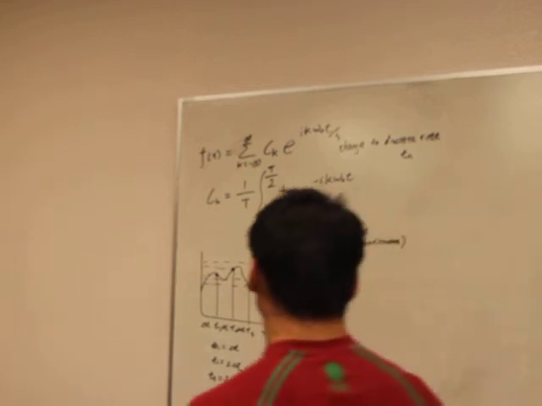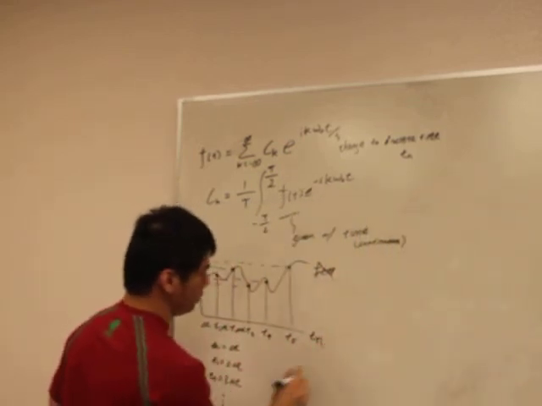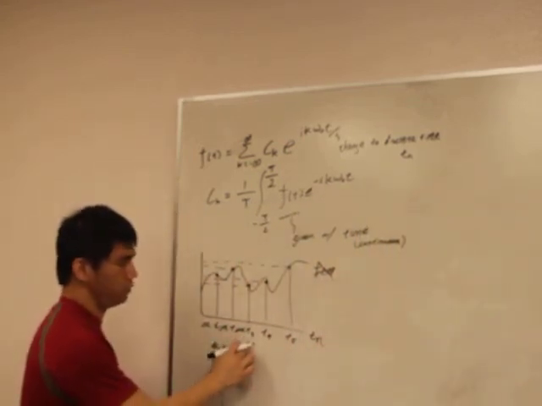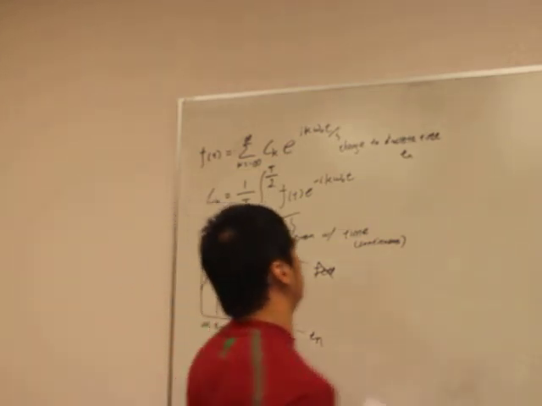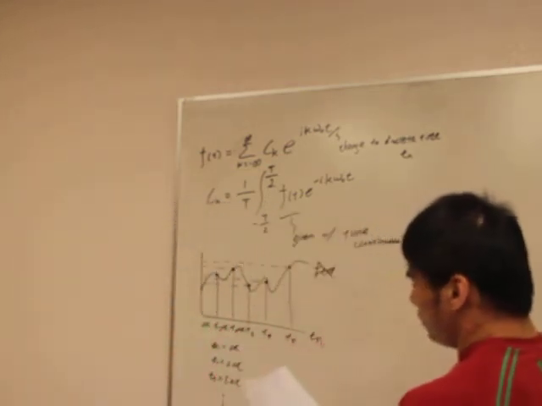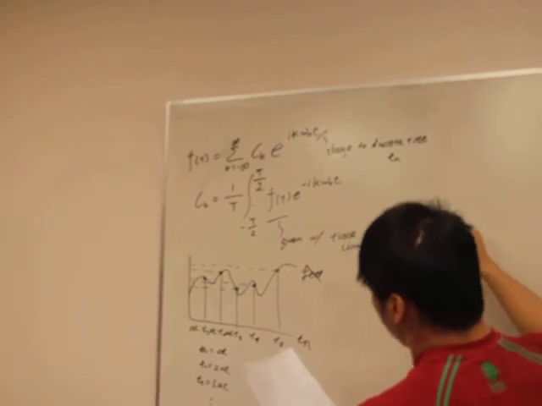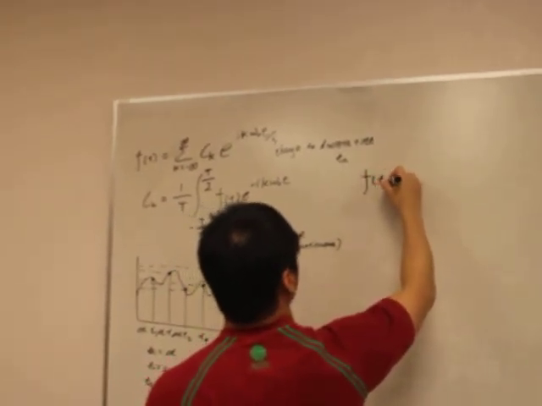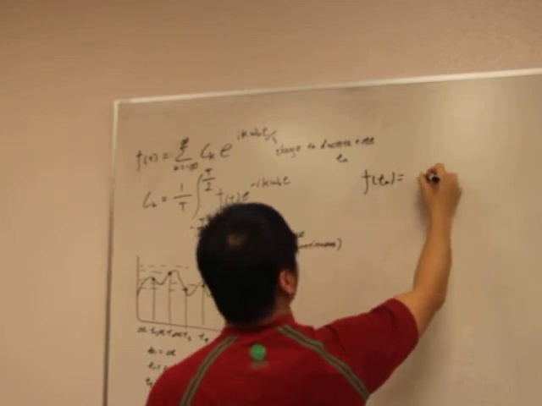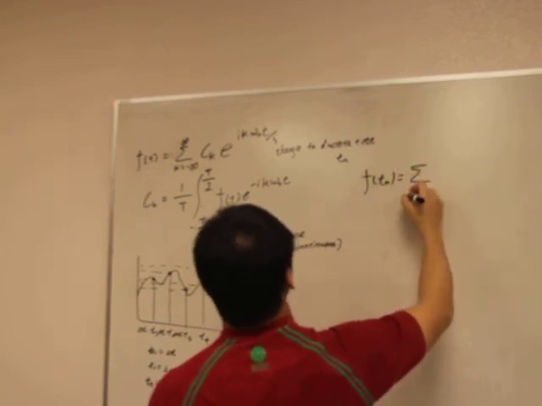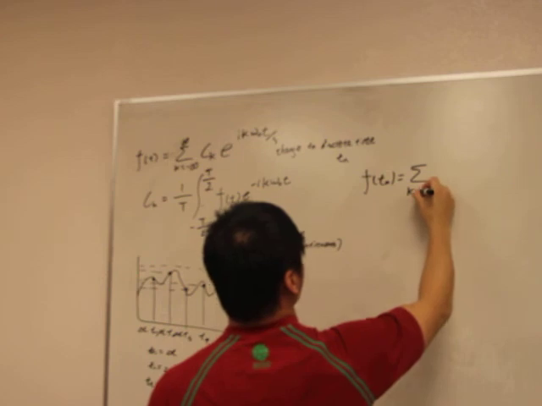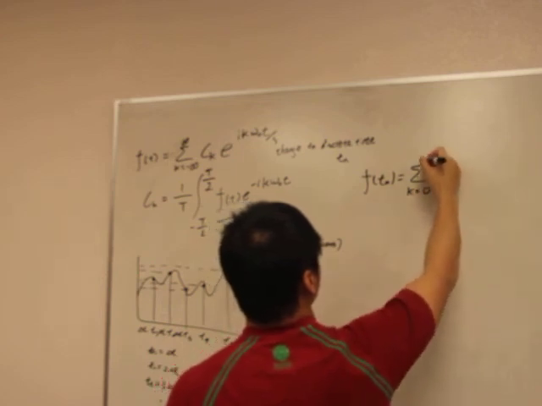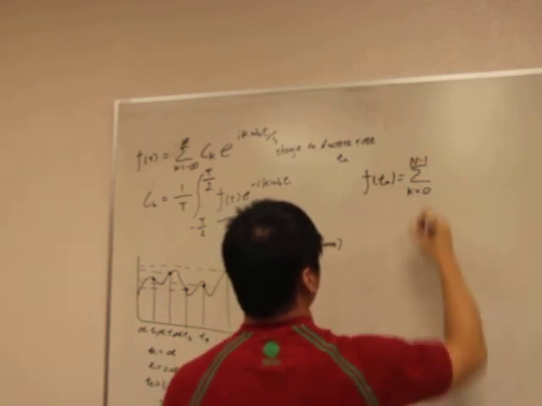So this becomes tn. We have t1, t2, t3, t4, t5. We're going to have something like this. f of tn is equal to the sum, k equal to 0 to n minus 1.